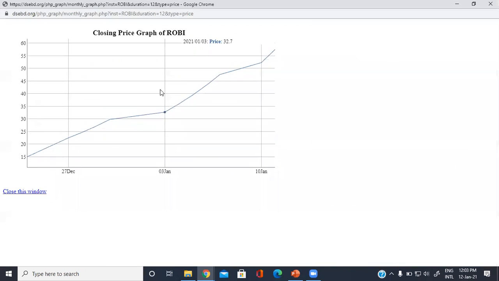So the information which became available on 4th January, have people adjusted their belief? You see, this is January 4th, the point where I have selected. You see, this is January 4.